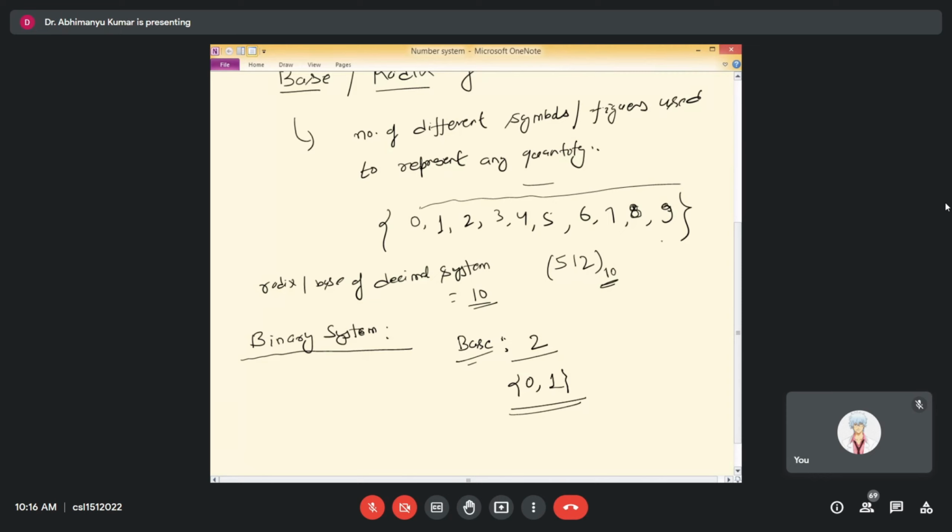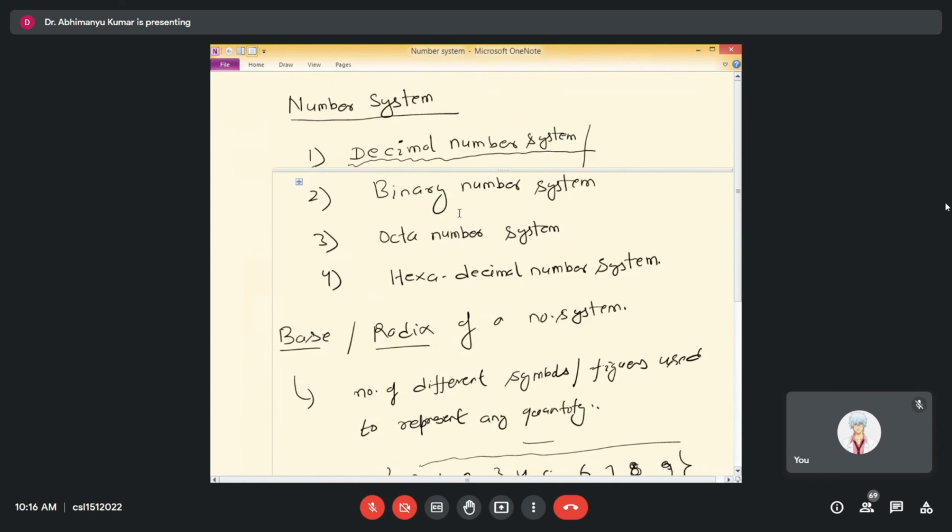How do we represent any quantity which is in the decimal system in the binary system? This is called the mapping technique, which means how we map a quantity represented in one system into a different base system. It means we are converting the base. Okay, so this is the binary system.